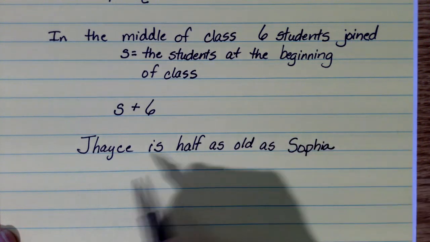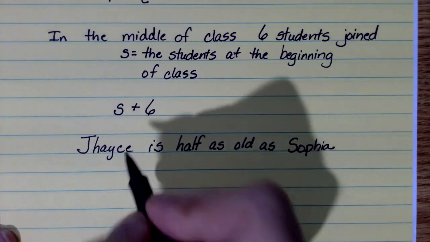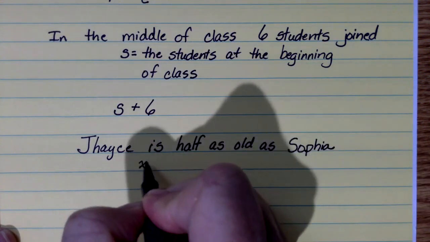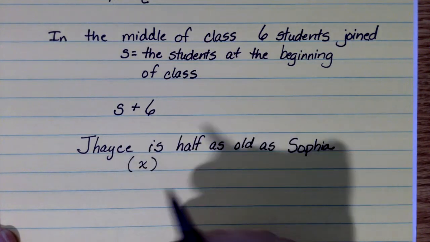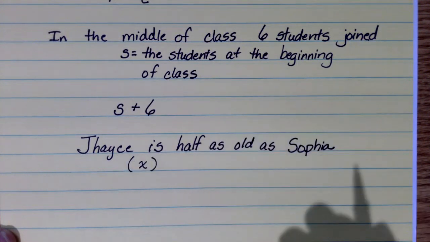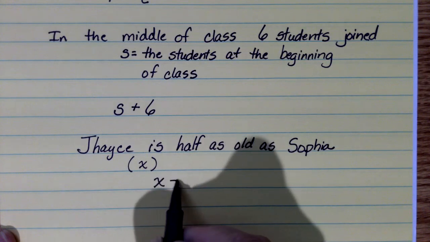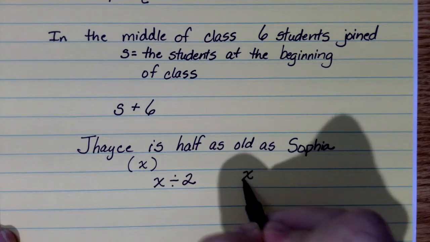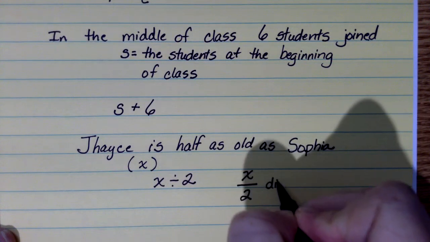If Jace is half as old as Sophia, we're going to divide whatever Sophia's age is. We're going to say that X is our variable. Whatever age Sophia is going to be divided by 2. So there's a couple ways that that can look. It can look like this: X divided by 2, or X over 2, because remember that fraction bar can mean divided by.